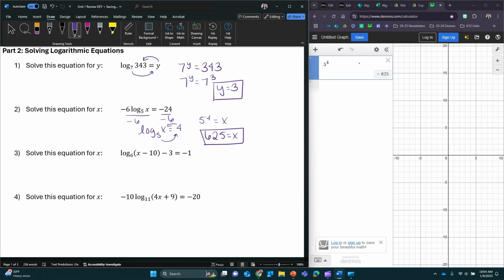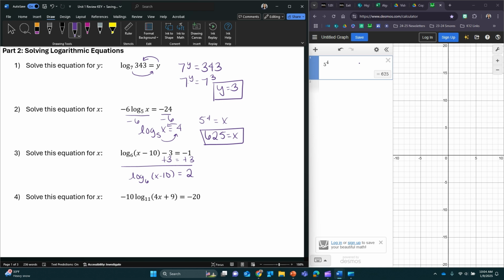Okay, so in number 3, once again, you can see my logarithm here, this log base 6 of x minus 10. That's not isolated because I have a -3 right here. So to get rid of this -3, I need to do the opposite, which is going to be to add 3 to both sides. So when I go ahead and add 3 to both sides, that's going to give me the log base 6 of x minus 10 is equal to -1 plus 3, which is 2.